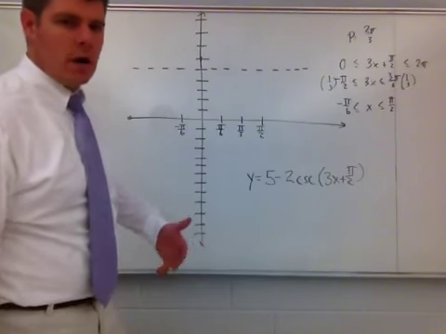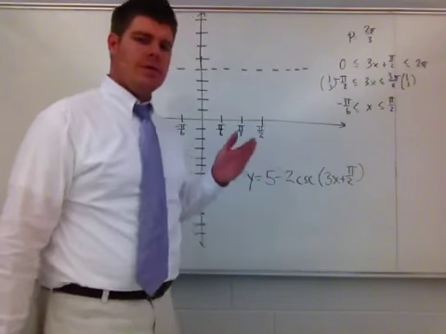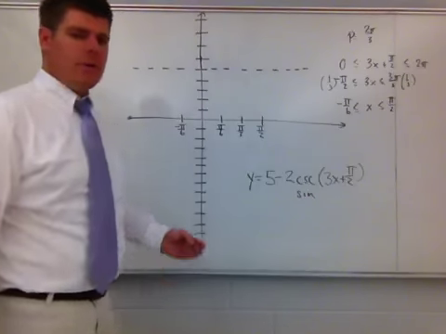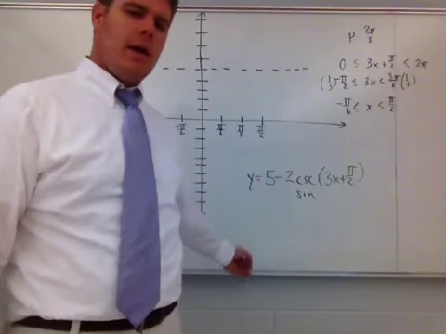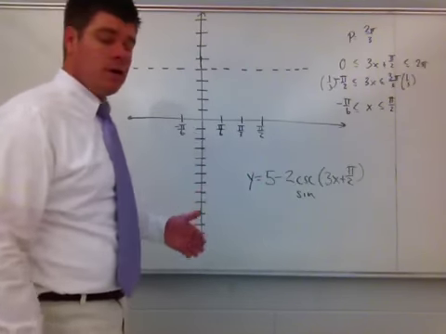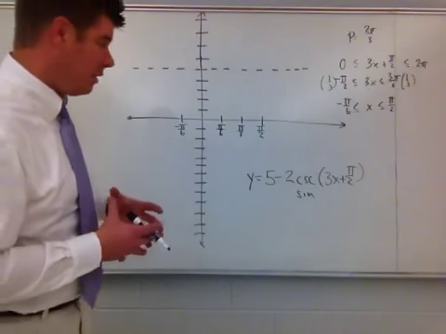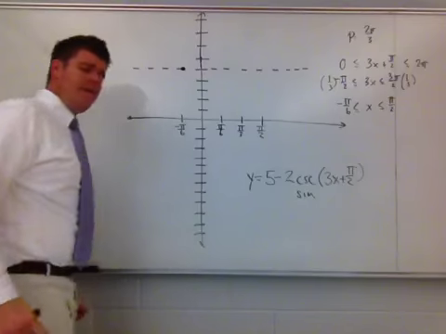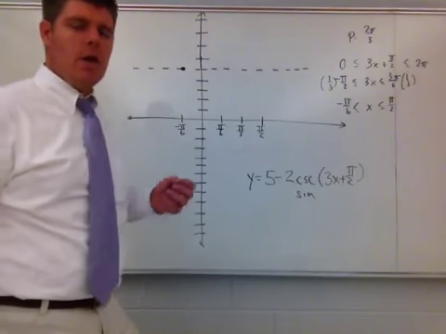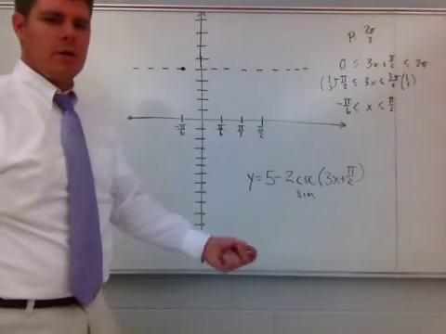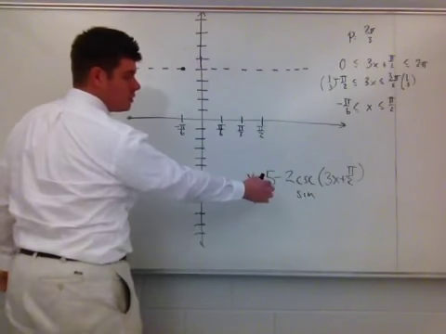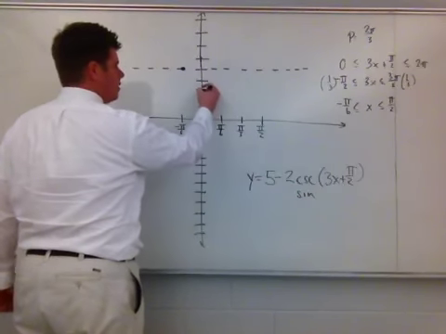For cosecant, I'm dealing with sine, so I'm going to start off at 0, because the sine always starts at its zeroing value. So at negative pi over 6, we're at 0. And then from there, the sine function normally would go to a maximum if we're positive, but it's going to go to a minimum because it's negative. So at 0, I go down 2, because my minimum is now 2 away.